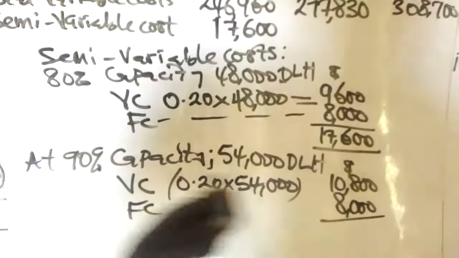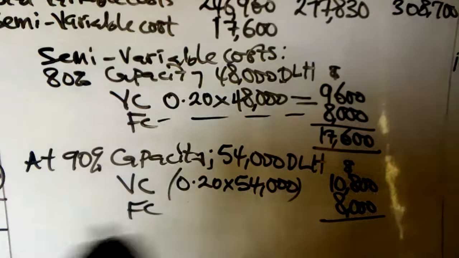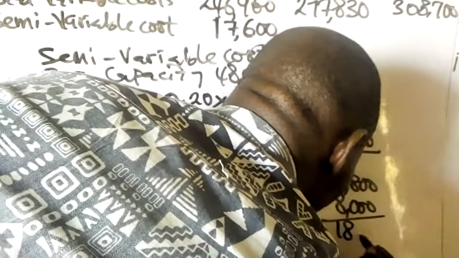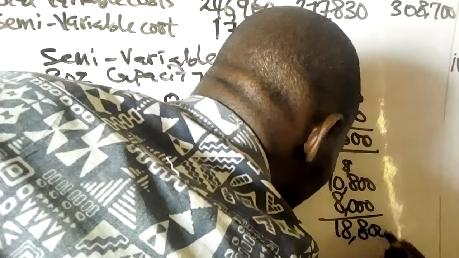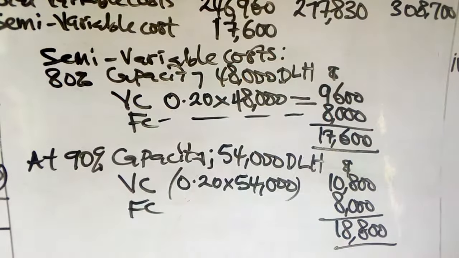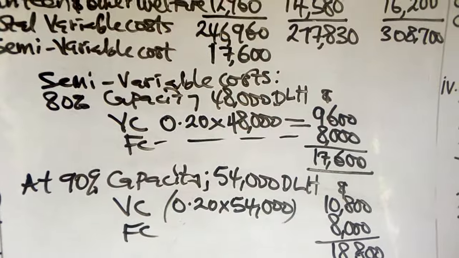If you add 8,000 to 10,800, then you have 18,800. So our semi-variable cost is 18,800.